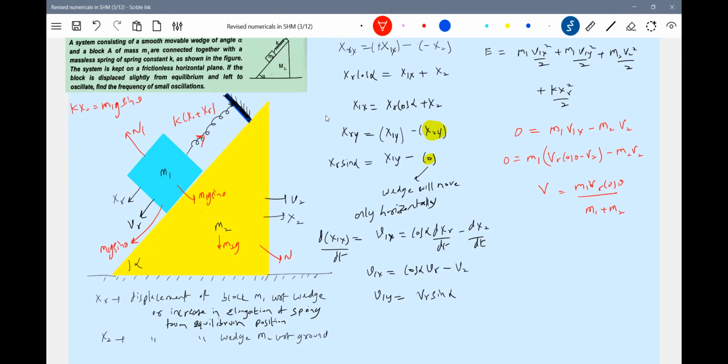Okay, now what I can do is I'll replace VR in terms of V2, V1X in terms of V2, V1Y in terms of V2. Then I'll differentiate. So what you are going to do with XR? XR also should be replaced, no? XR should be brought in terms of X2.